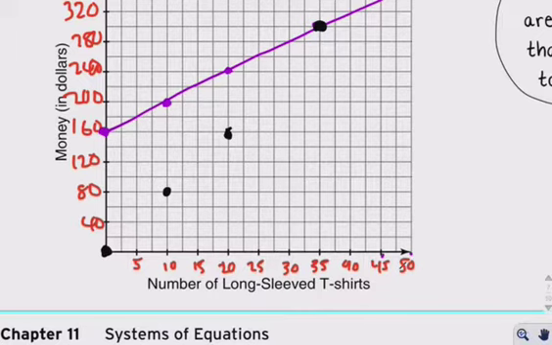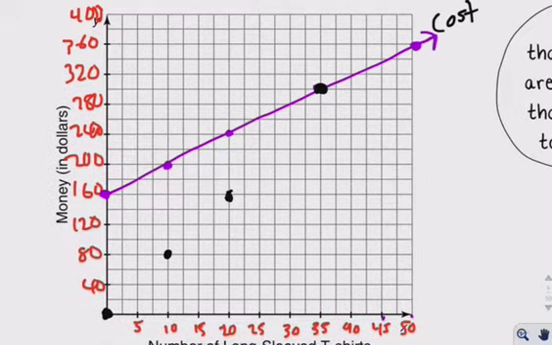35, and then 50 is 400. Connect those dots. Should be a nice... It didn't work out.